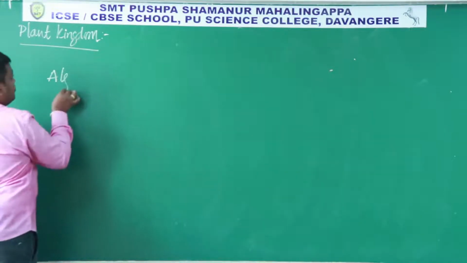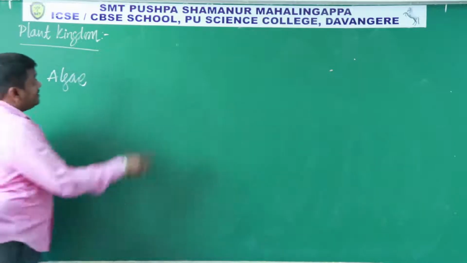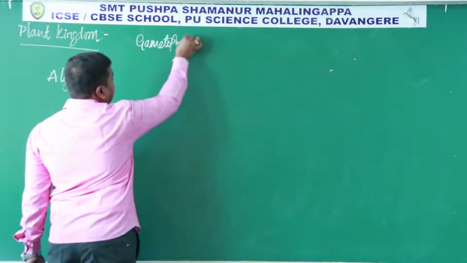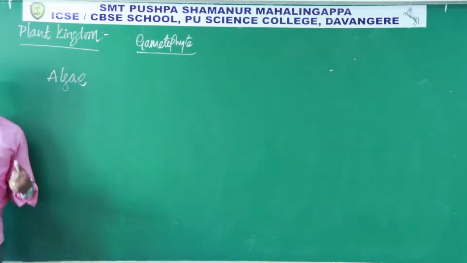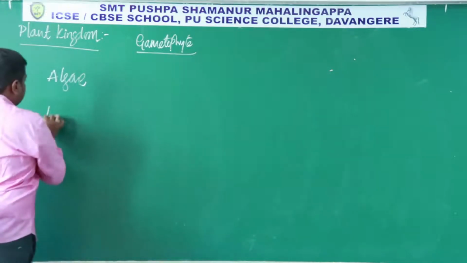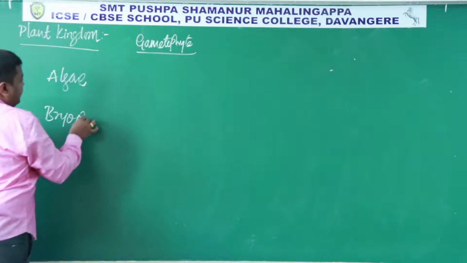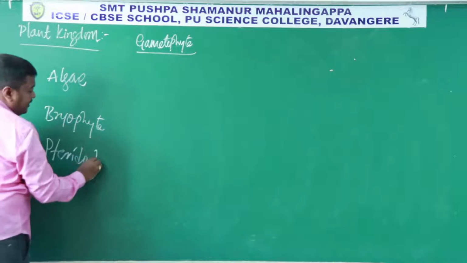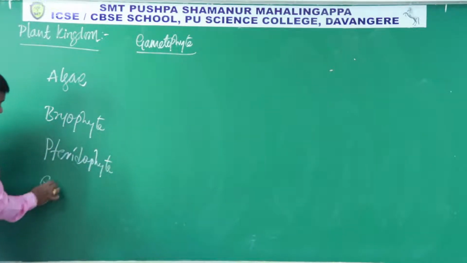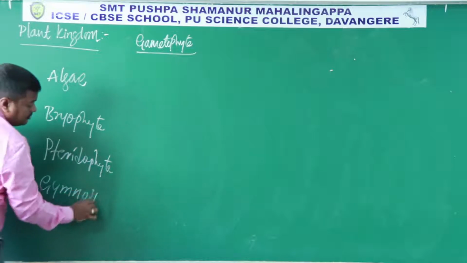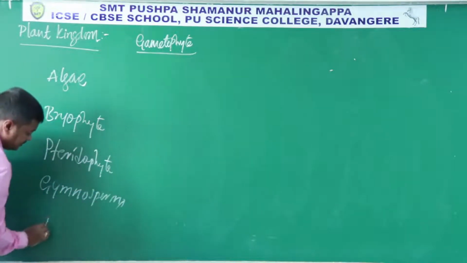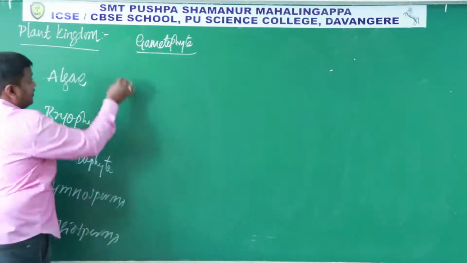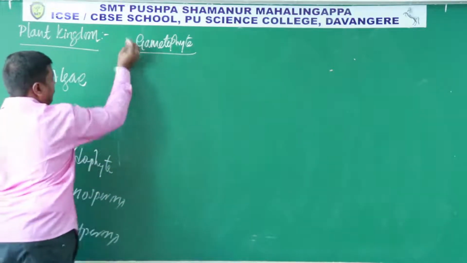So in case of algae, how is the gametophyte? If you recall, what does gametophyte mean? The gamete producing structure is the gametophyte. So in algae, in bryophyte, in pteridophyte, gymnosperms and angiosperms, let's discuss with respect to the comparative account.